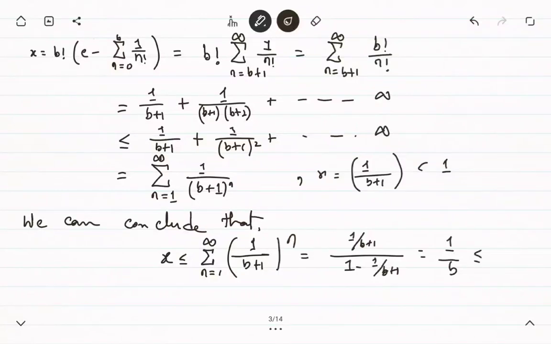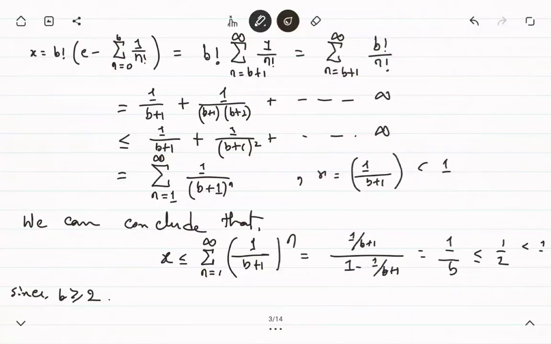This is less than or equal to 1 by 2, and half is less than 1. Since b is greater than or equal to 2, it must be the case that e is irrational.